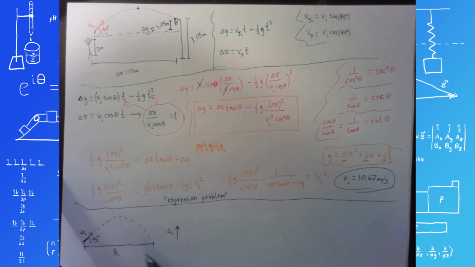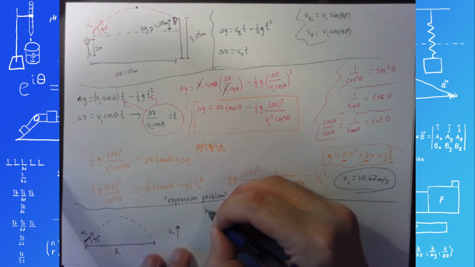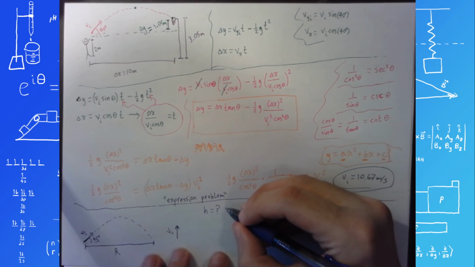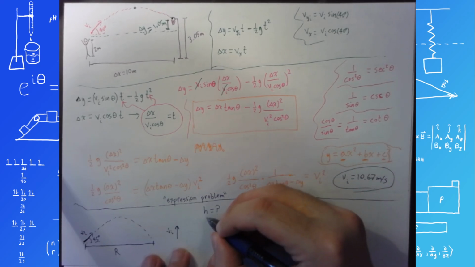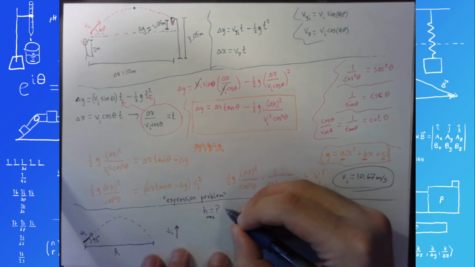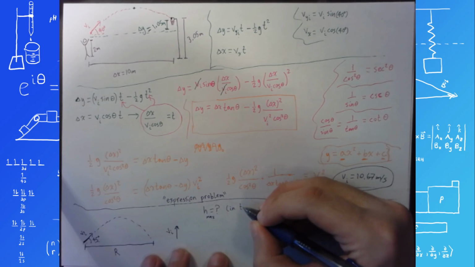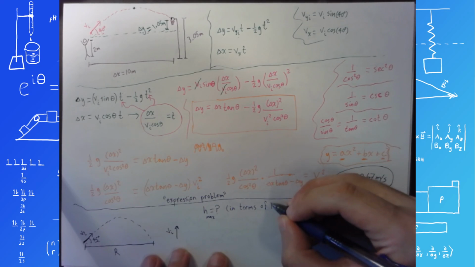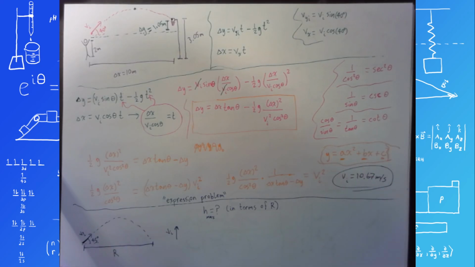So I introduced v initial as an unknown to this problem. My final expression needs to have this eliminated. And if I introduce anything else later, that needs to be eliminated too. So we want h max, is what it's asking us for, and they want this in terms of the only thing they gave us, which was capital R, plus constants if need be.